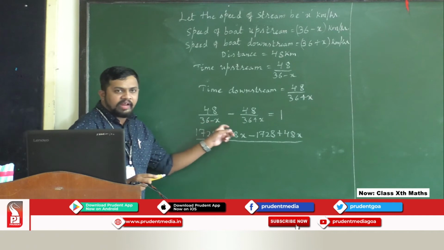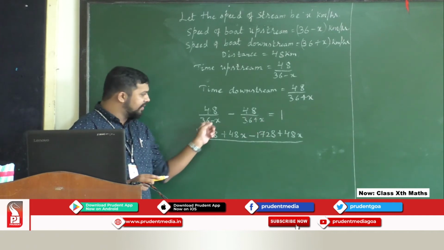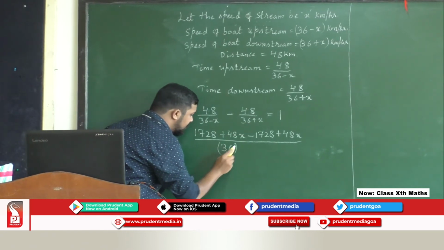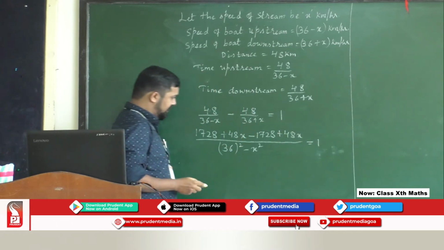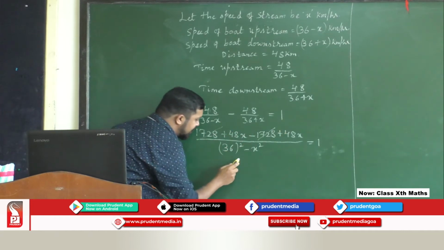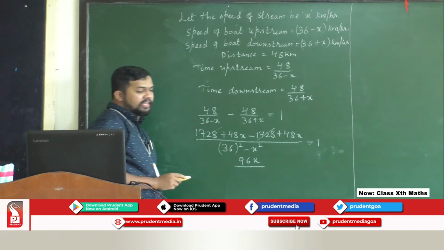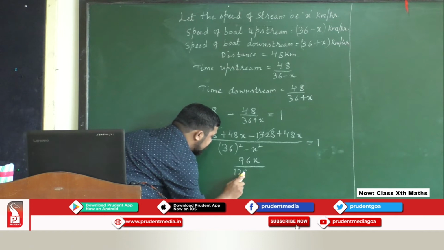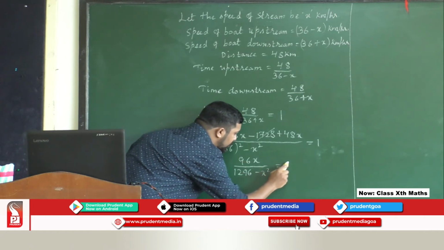If you see here, there is one identity: 36 minus x, 36 plus x, that is a minus b, a plus b, that is a square minus b square, equal to 1. 1728 cancel. 48x plus 48x, 96x. 36 square will be 1296 minus x square equal to 1.